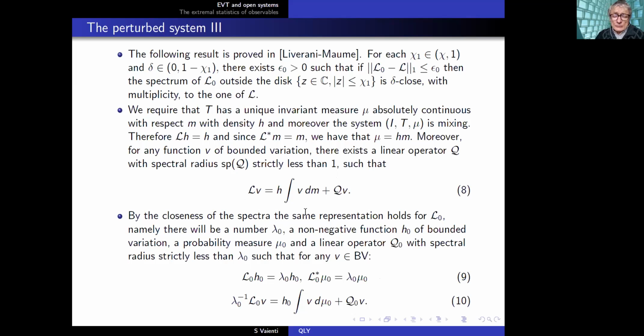So the perturbation theory, which I'm going to use, requires that the original operator L and the perturbed operator L naught verify all these assumptions, and this is true if we take the hole sufficiently small. This is explained in the first sentence. We need the L1 distance between the two operators to be small, and this is dominated by the size of the hole, in order to get what is written in this first sentence.